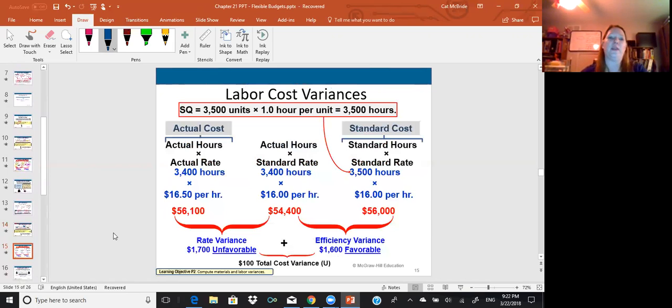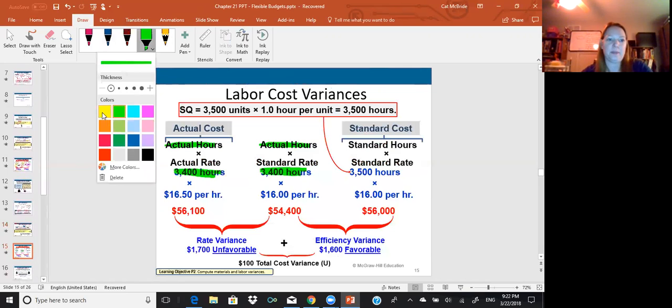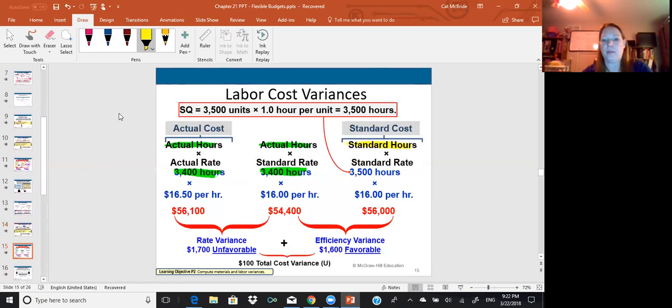So when we put it all together, our actual hours, we actually worked 3,400 hours. So we put both of those in, that's actual. And we plan to work 3,500 hours. We planned to pay $16 an hour.